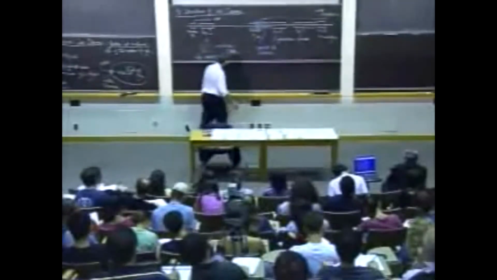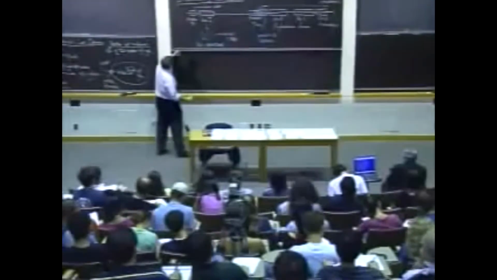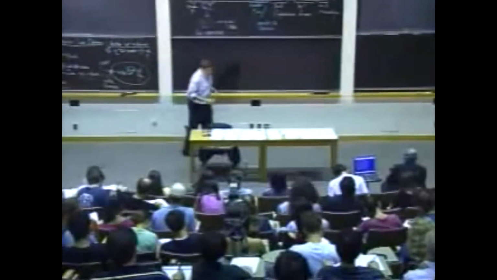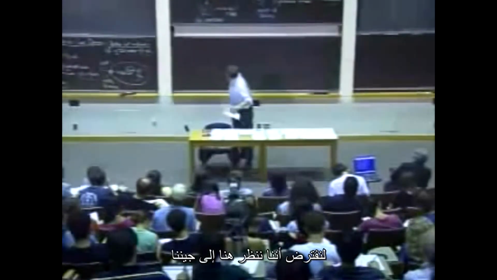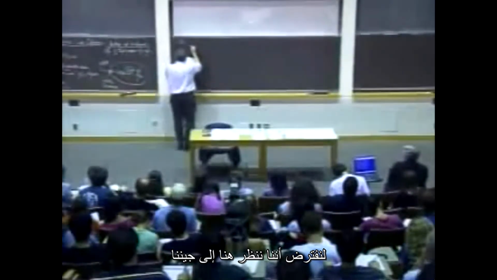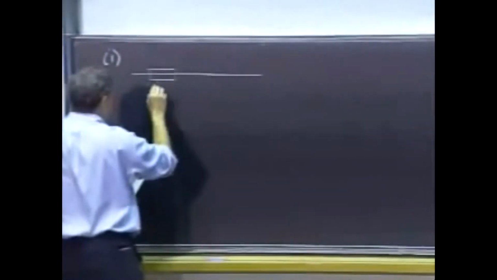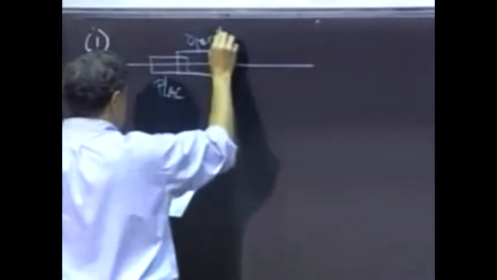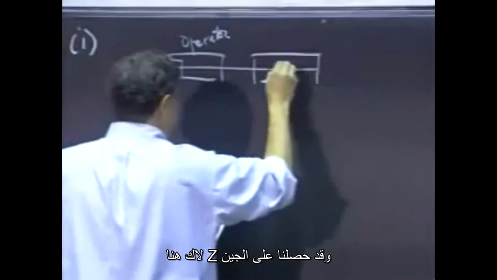So let's examine some cases here. Let's suppose that we look at here at our gene. We've got our promoter, PLAC. We've got the operator site here. We've got the LAC-Z gene here.